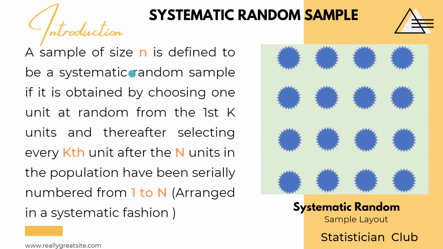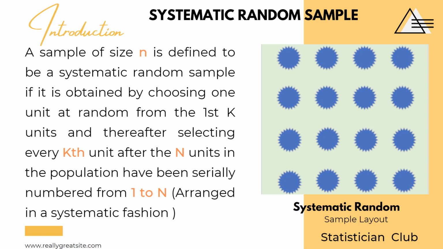Suppose we have a population of 100 units and k is the size of the interval, and suppose we select interval size 10. From the first 10 units you select one at random, suppose that it is 5.